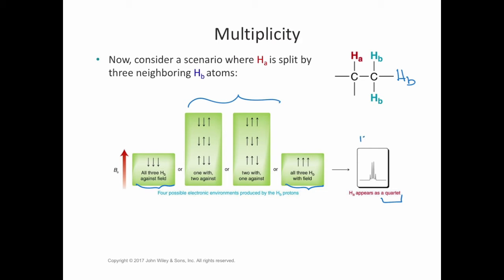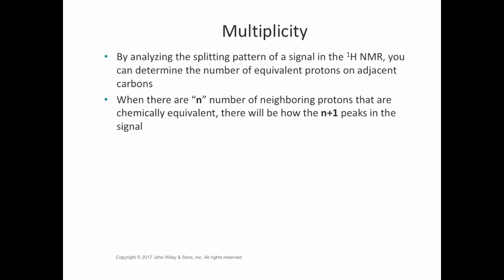Now, the height of these peaks is 1 to 3 to 3 to 1. That's because statistically there's one scenario here, 3 different scenarios for the middle ones, and one scenario for all 3 being with the field. So by analyzing the splitting pattern of a signal, you can get information about the number of neighboring equivalent protons on adjacent carbons.